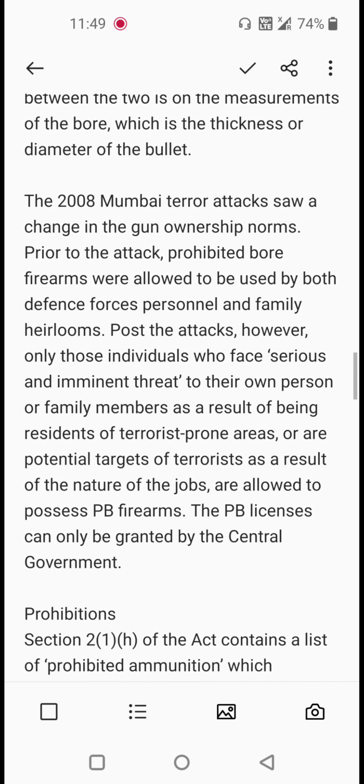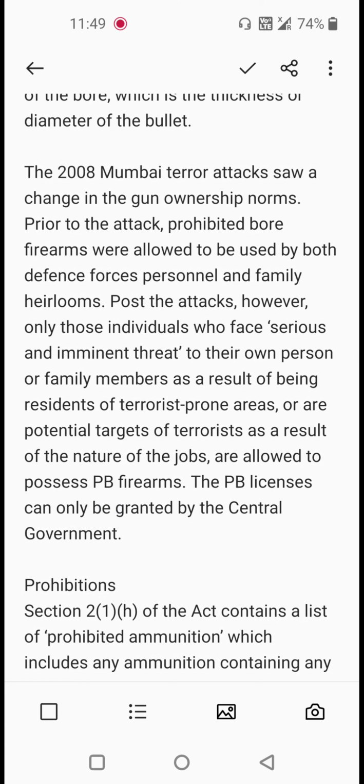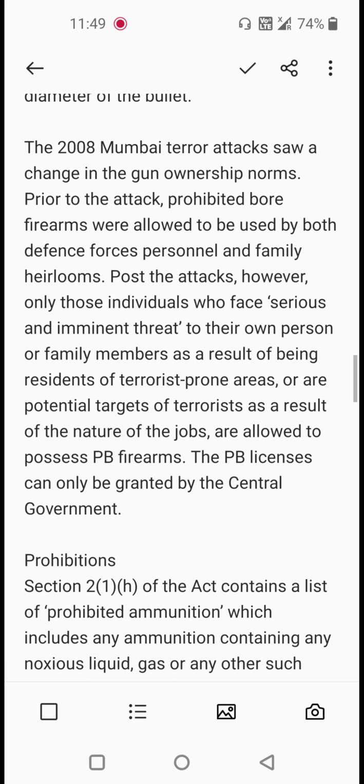The 2008 Mumbai terror attacks saw a change in the gun ownership norms. Prior to the attack, prohibited bore firearms were allowed to be used by both defense forces personnel and as family heirlooms. Family members of the personnel could also use prohibited bore under certain circumstances.